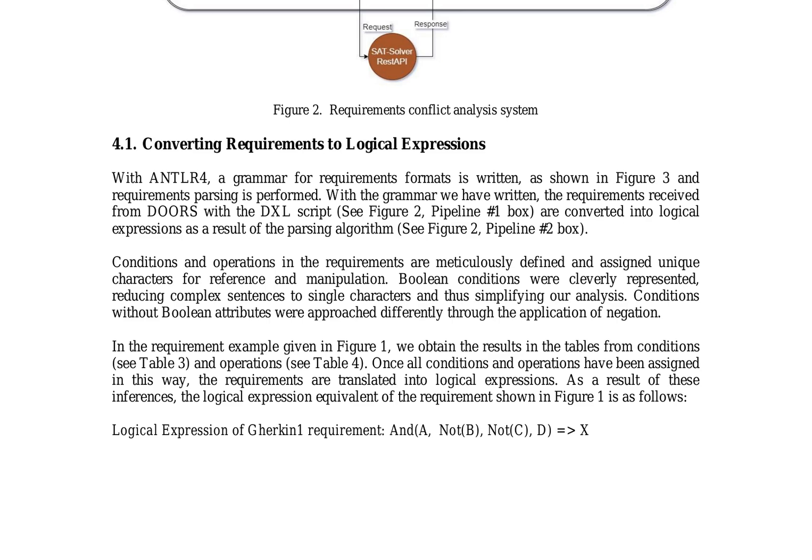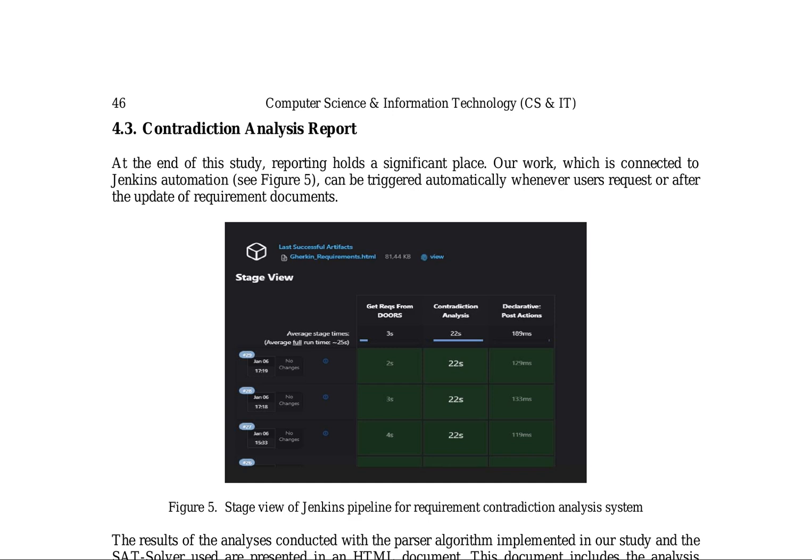The hypothetical syllogism rule is introduced to discover nuanced contradictions, where if P implies Q, and Q implies R, then P implies R. A SAT solver REST API is used for contradiction analysis among requirement pairs with shared operations. The request contains requirement pairs translated into logical expressions and is sent to the SAT solver REST API using the SymPy library. If there is no solution set, it returns a response indicating the presence of a contradiction.